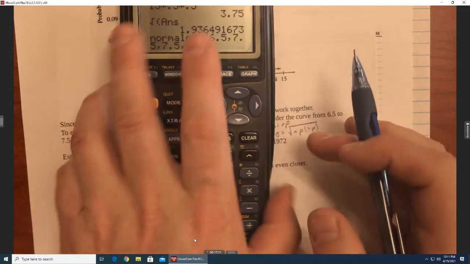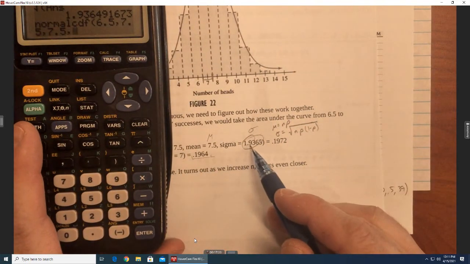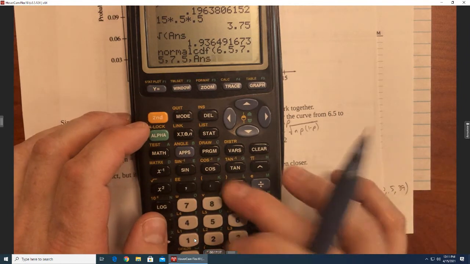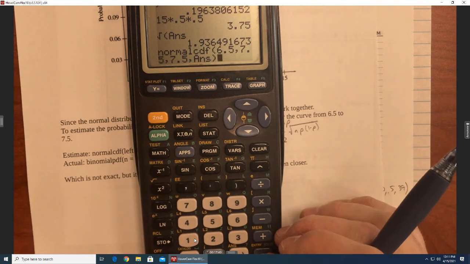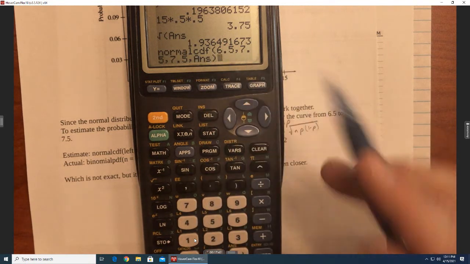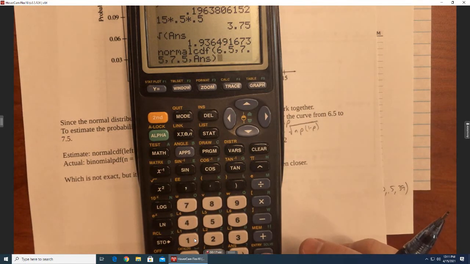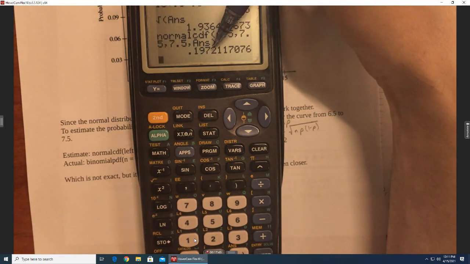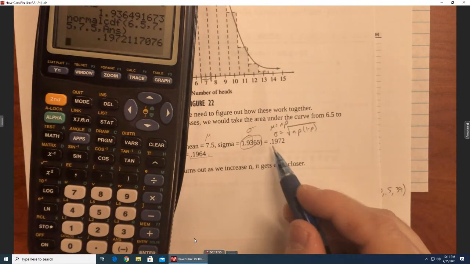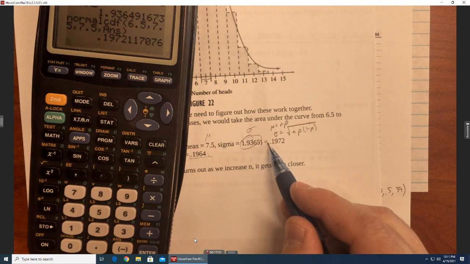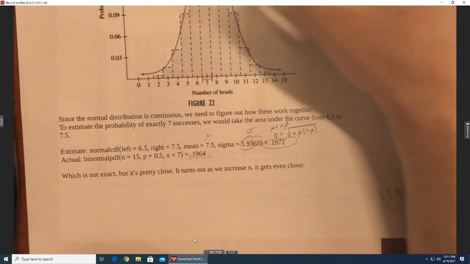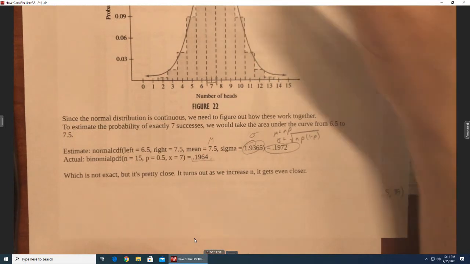And my standard deviation is 1.9365. Actually, I have it on the line just above, so I'm just going to say answer rather than typing it in. This is more accurate anyway. When I compute that, I get 0.1972. That's the area underneath this normal curve from here to here.